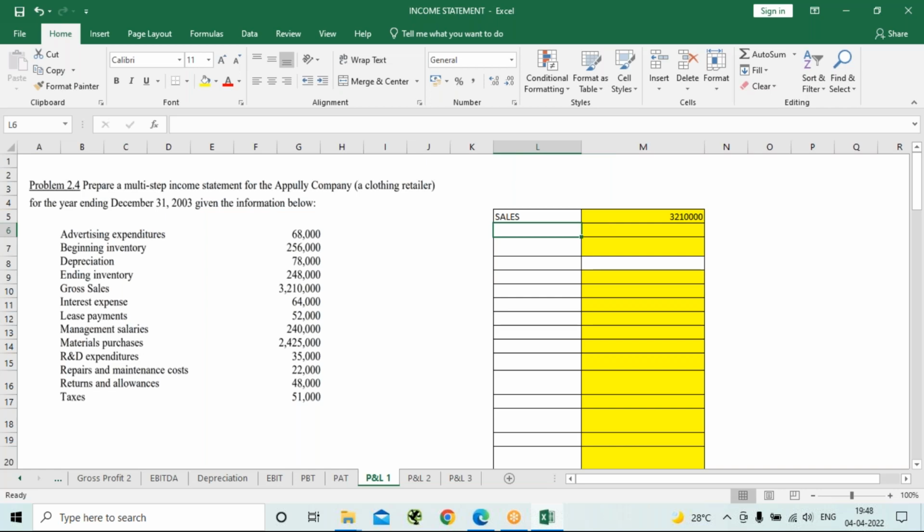Okay, now what is the next thing? What is the second line item? Cost of goods sold. Good.